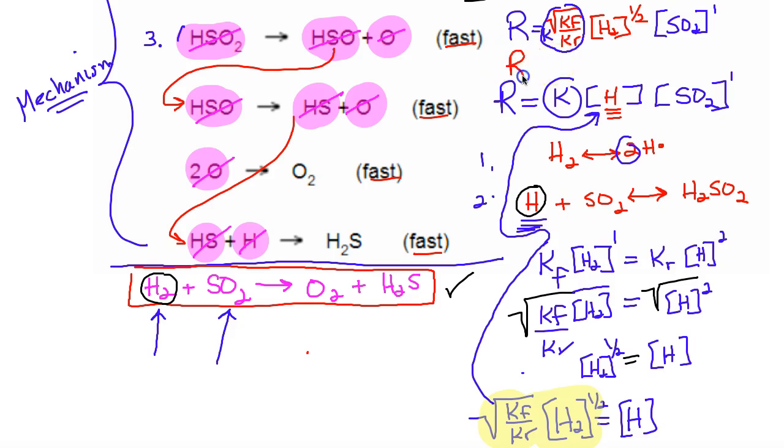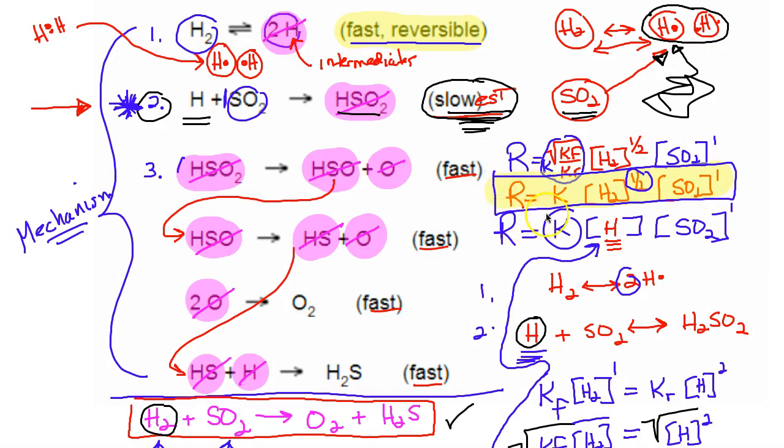So k is equal to that, who cares what it is, that equals the entire reaction's rate law constant. And now you have H2 to the 1/2. And notice we related what? H to one of the reactants, to the SO2 to the 1. And party people, there is your rate law for fast equilibrium.